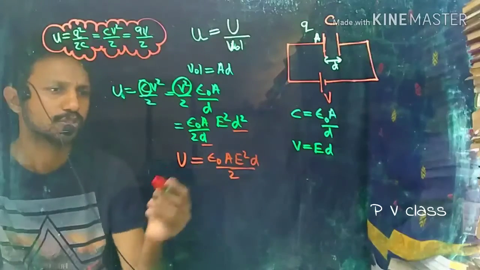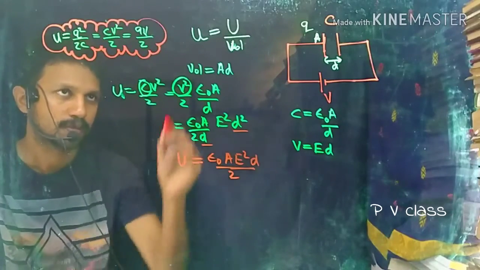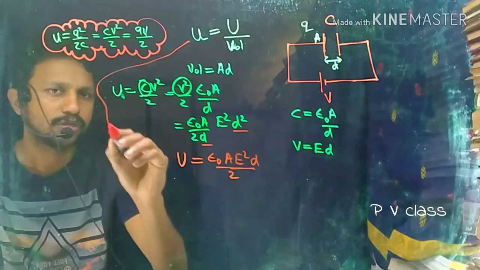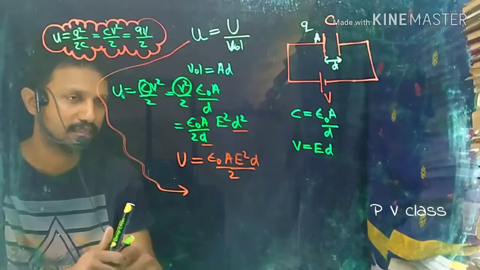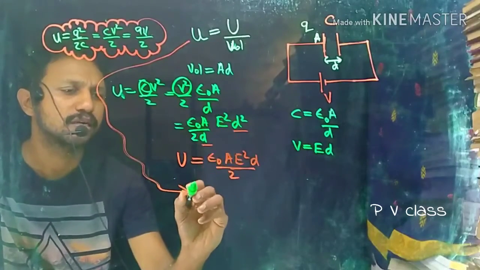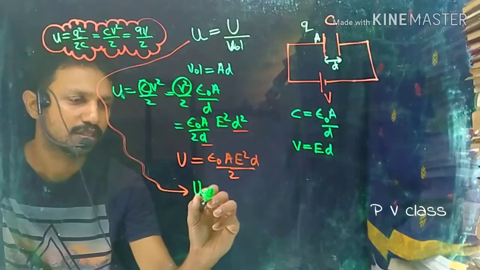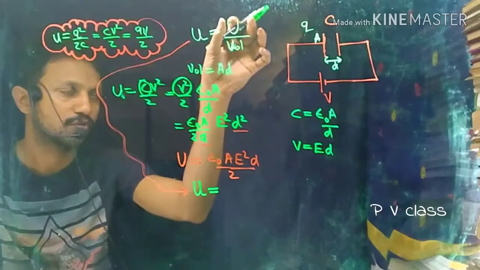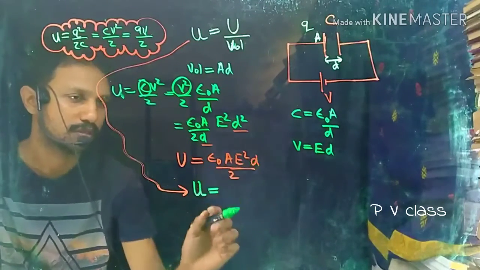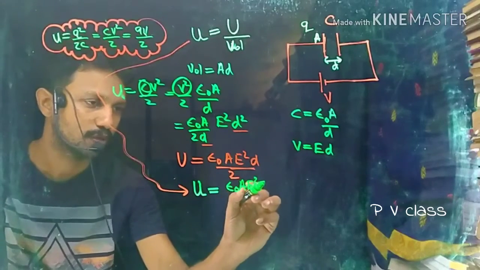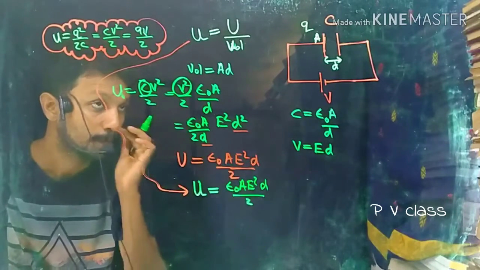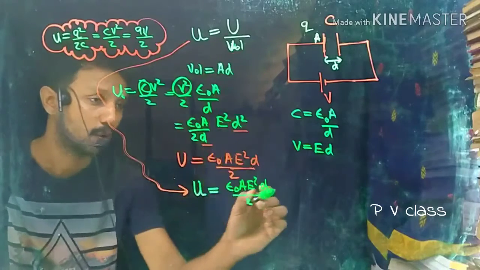This is the expression for energy. Then if I am substituting for U and volume in energy density, we could write the energy density's expression, that is small u is equal to epsilon 0 A E square D by 2 divided by volume.